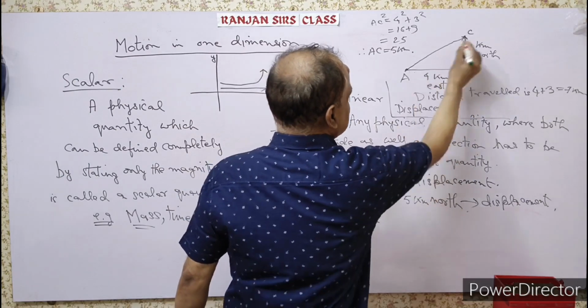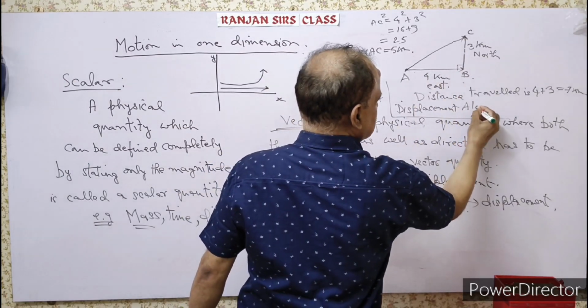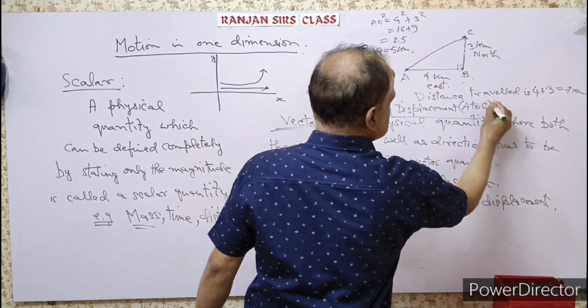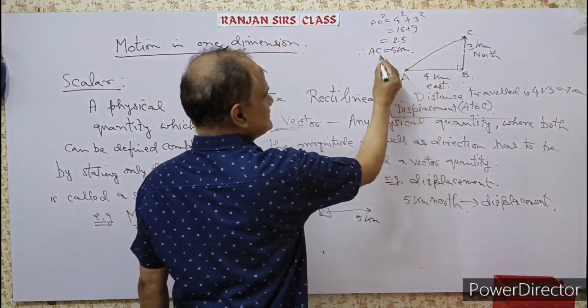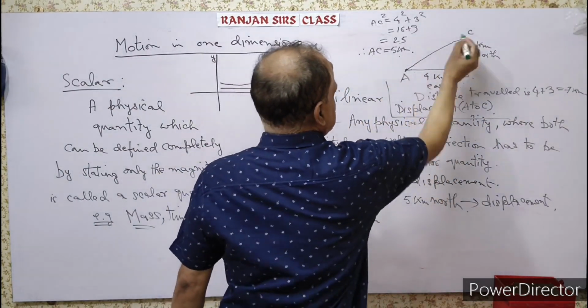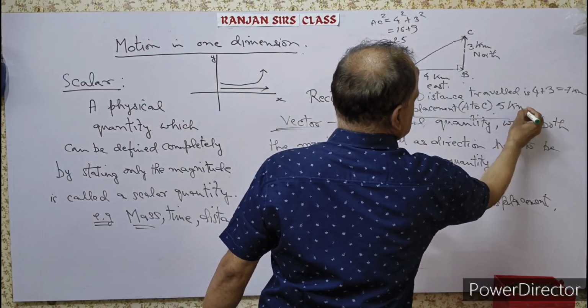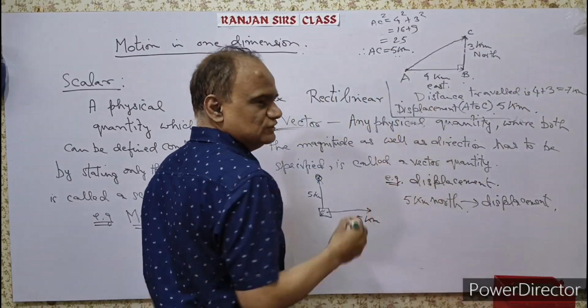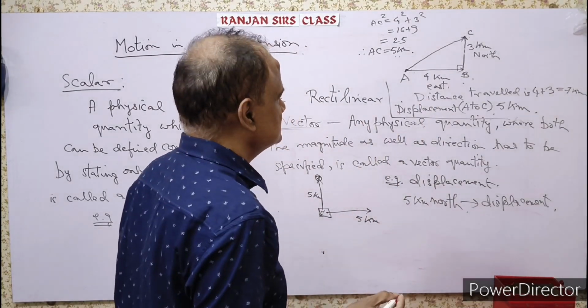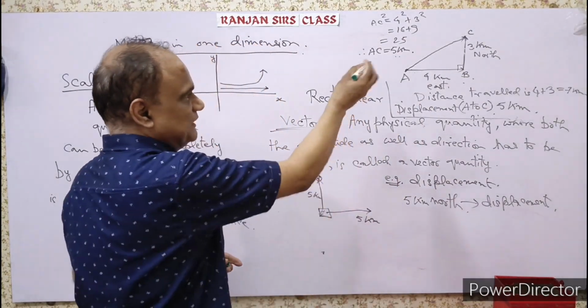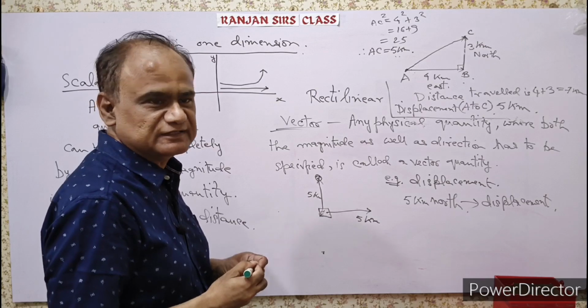A to C. A to C is my displacement. So what is my displacement? I have calculated it. AC is 5 kilometers. So 5 kilometers is my displacement. Or else if you want to define displacement, what will you say? It is the shortest path between the initial and the final position.